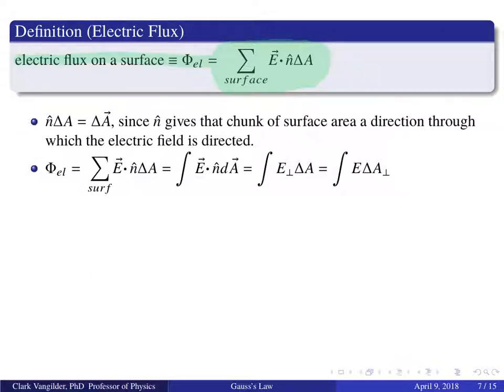And the trick here is, when you read that statement, how is this the same as the number of electric field lines per unit area? I mean, that's what I said initially.